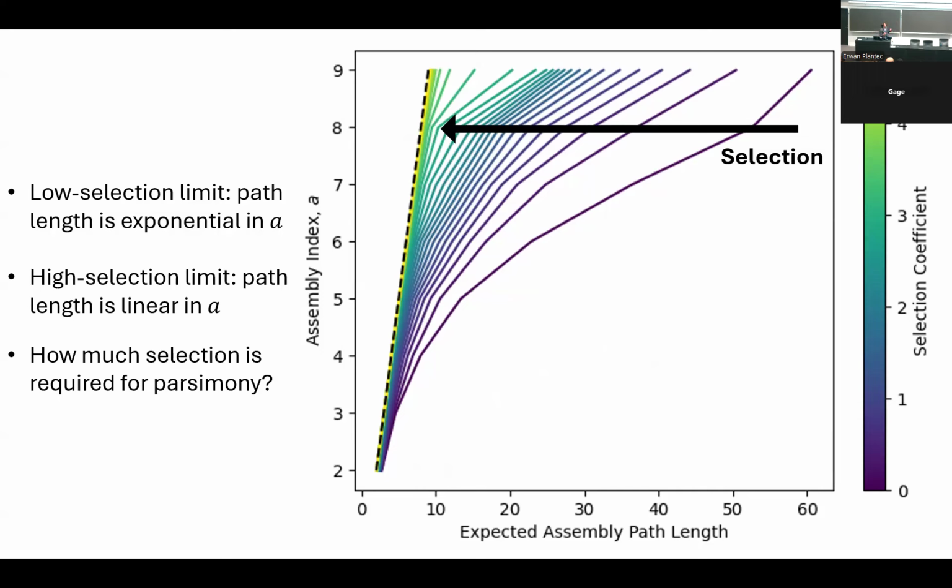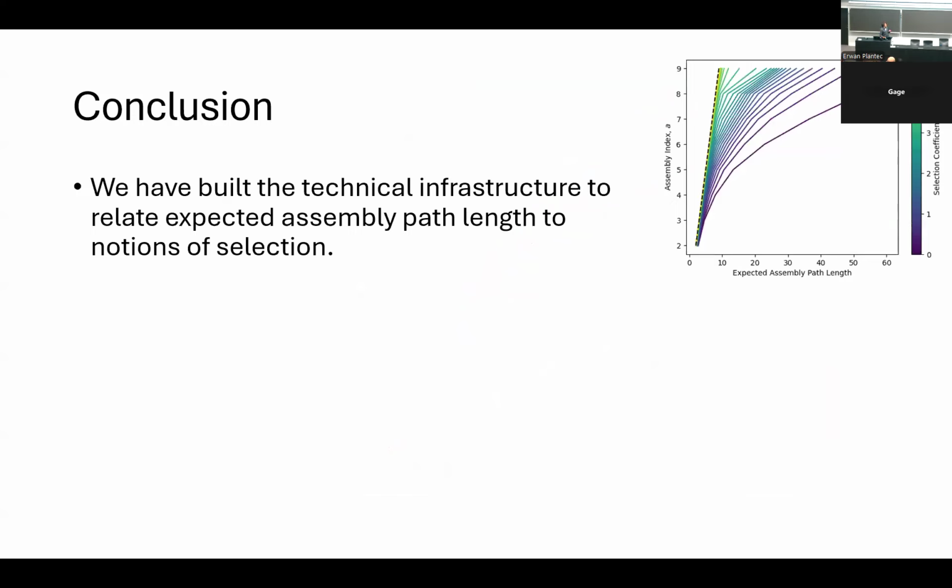What we've done is relate selection to expected path length, like how many operations my system needs to encode to make this observation true. But we don't yet have a sense of how many operations my system can encode. How many is too many? Does that start becoming an actual constraint? That's the current state of this project.